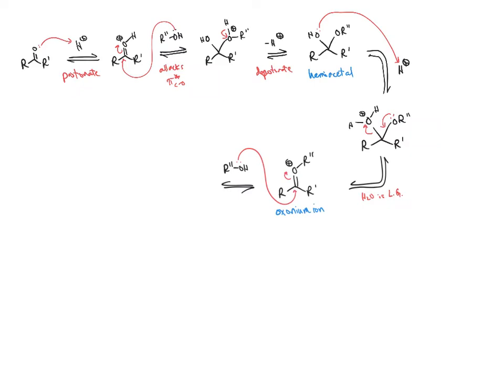And so it's going to attack, form that tetrahedral intermediate again, and then what happens is we deprotonate one more time, and then you end up with your acetal.